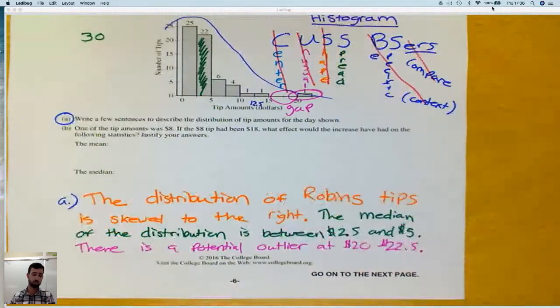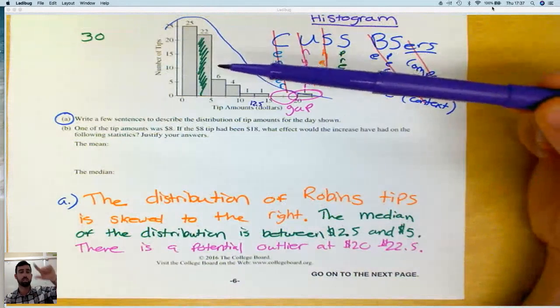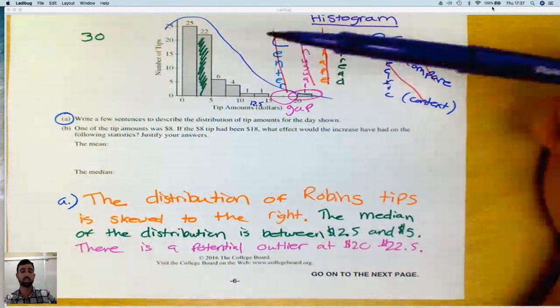But since this is a histogram, the easiest one to use is range, because we don't know the IQR, we don't know the standard deviation. And again, the reason we don't know that is because these just tell us the bin. It doesn't tell us exact numbers. For us to calculate IQR, for us to calculate standard deviation, we need the exact numbers.